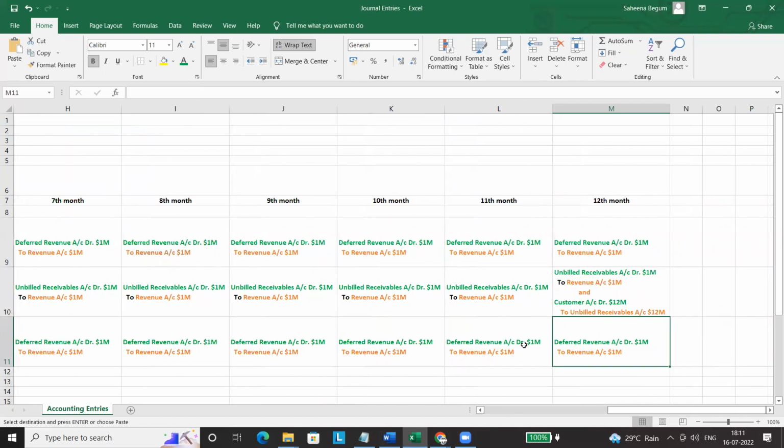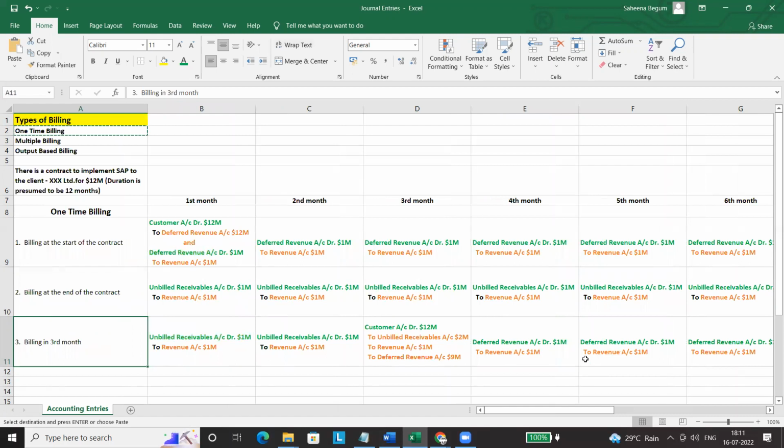By the end of the 12th month, this deferred revenue account will also be zero because it will all be credited to our revenue account. This is how the journal entries are posted in the RAR system as per IFRS 15 or ASC 606.